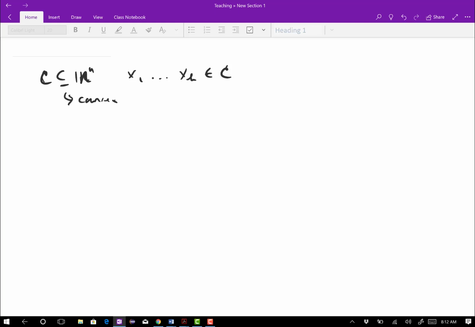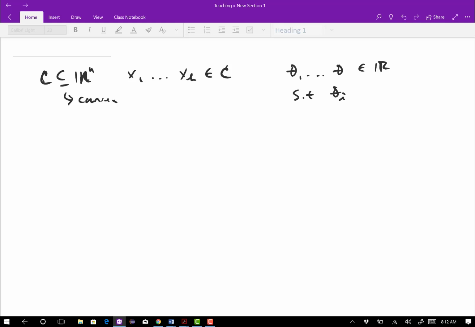And then it gives us these numbers theta 1 through theta k. And these are going to be real numbers such that each of them, so we see theta i, so this up here is theta k.